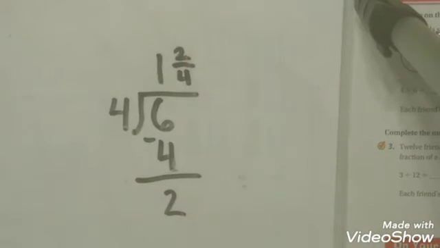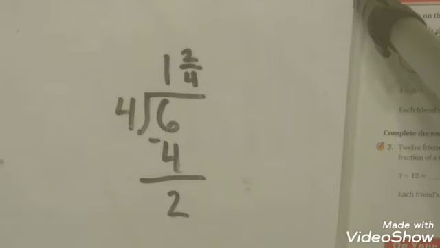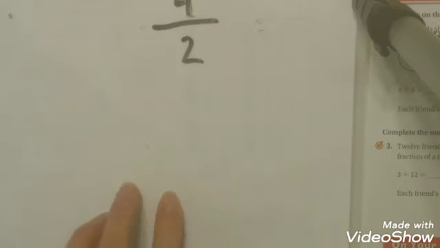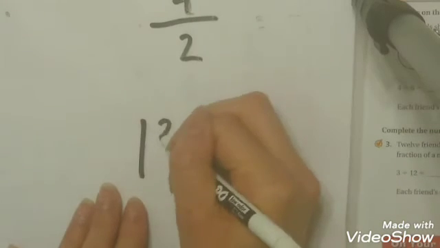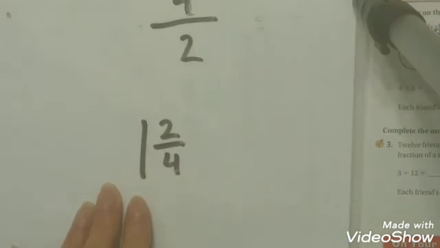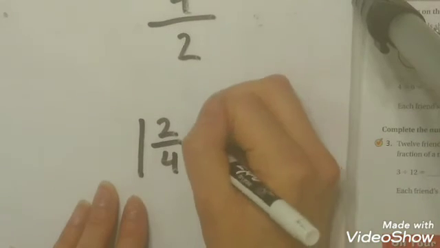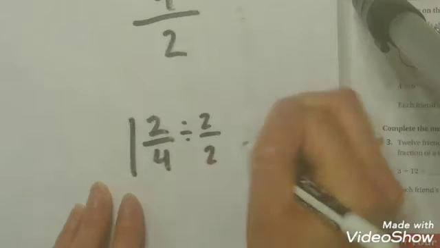So I could say it as 1 2/4, but I also know that they wanted me to rewrite this in simplest form. So I'm going to simplify that fraction 2/4. I know that both 2 and 4 can be divided by 2, so I'm going to go ahead and do that.